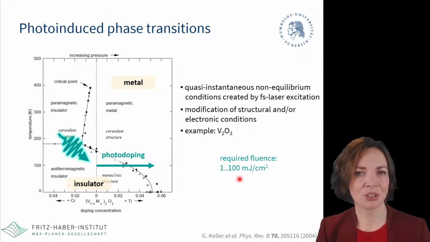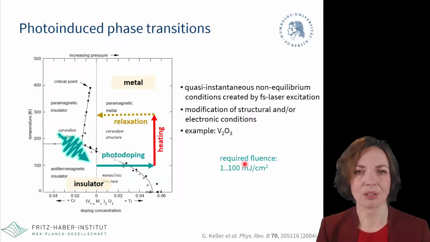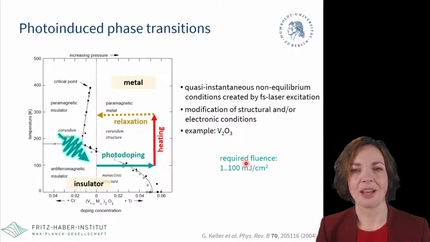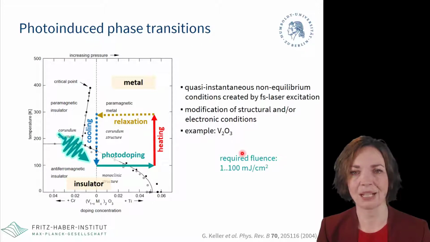And beyond the issue that this is not very feasible for technological applications, this also deposits a lot of energy into the system, and this heats up your sample so strongly that even when the charge carriers have decayed, you are still in the metallic phase because simply your sample is still hot. And this is why you have to wait until it cools down, and this can easily take microseconds or even milliseconds depending on your sample.